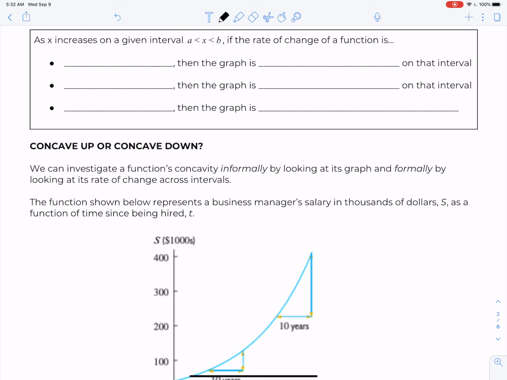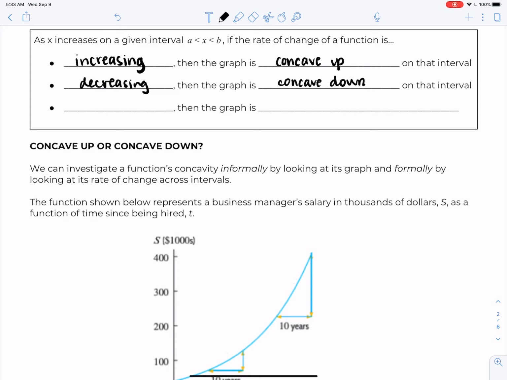Here we have, as x increases on a given interval, so from one value to another, if the rate of change of a function is increasing, like we saw earlier, then the graph is concave up. But then if that function is decreasing on the interval, we say, like we saw above, the graph is concave down.